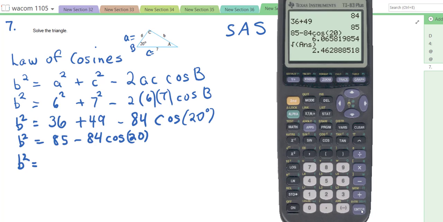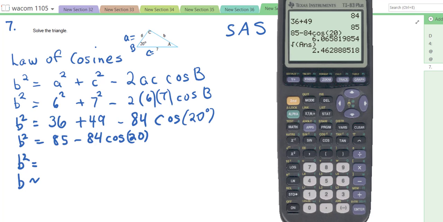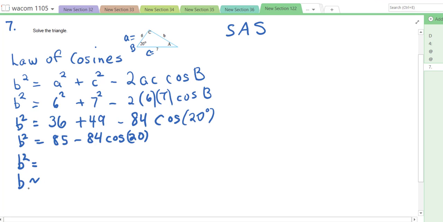So B is approximately, 2 places, 2.46. That's going to be here.